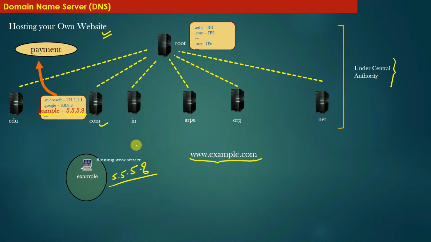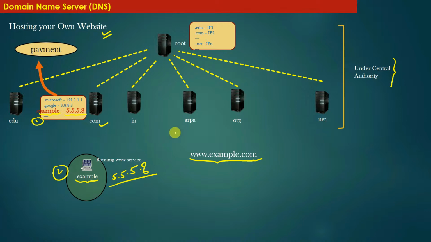So if you do these two things, that is, getting an entry in the DNS database of the .com top level domain name server, and the second step, running your web server with the public IP address 5.5.5.8 and naming your web server as example, then the rest of the world will be able to access your web server with the domain name of your website.